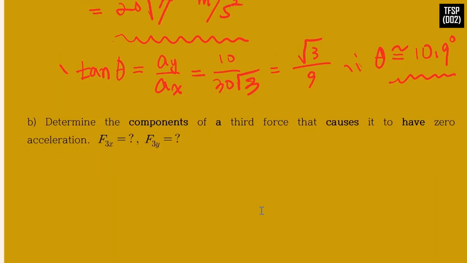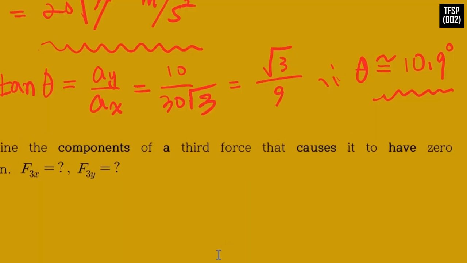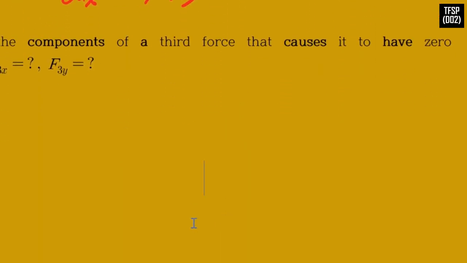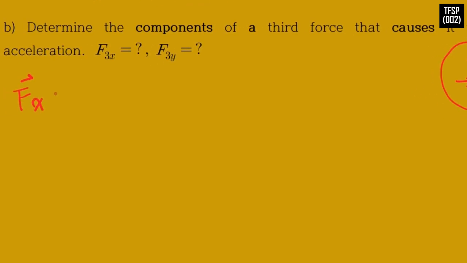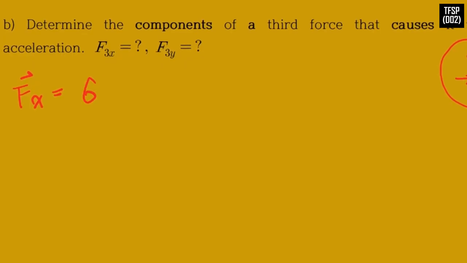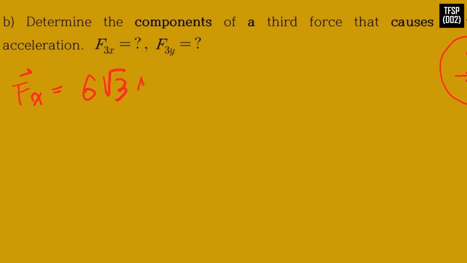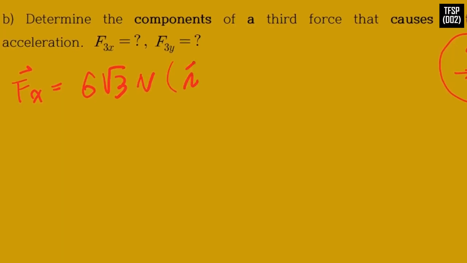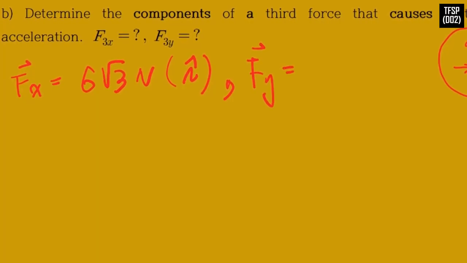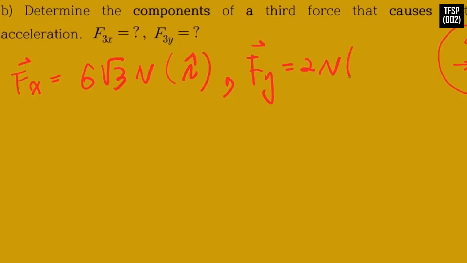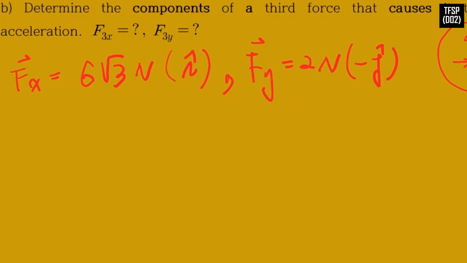B. Determine the components of a third force that would cause the puck to have zero acceleration. Fx equals 6 square root of 3 i, Fy equals 2 Newton, negative j.